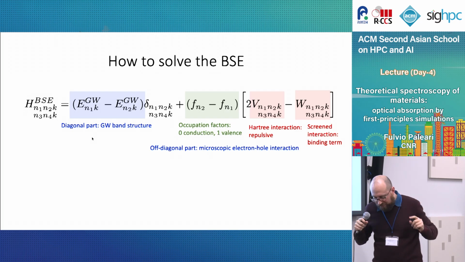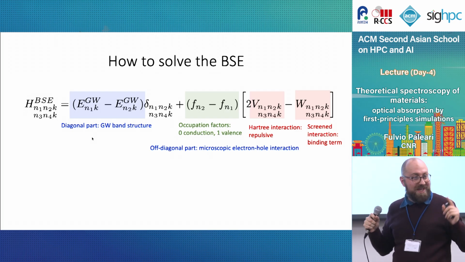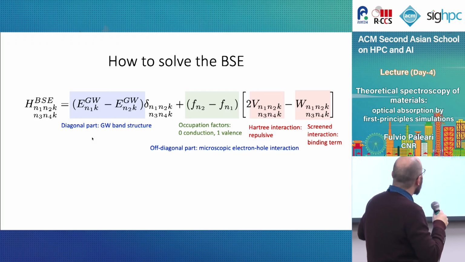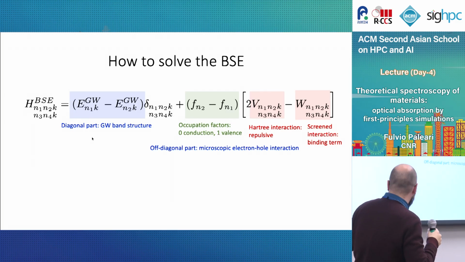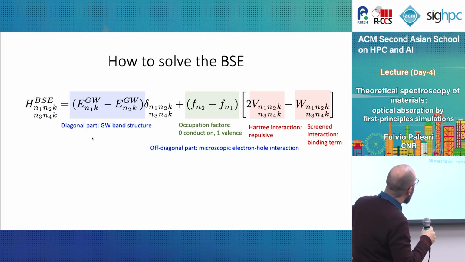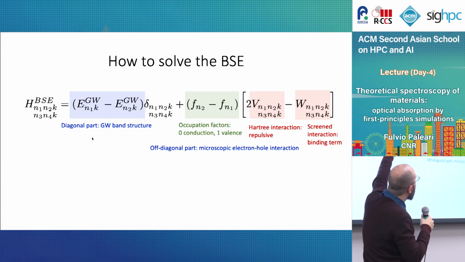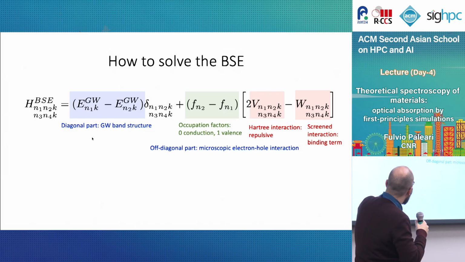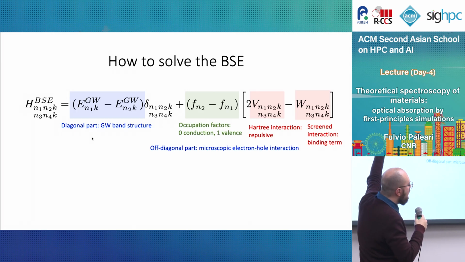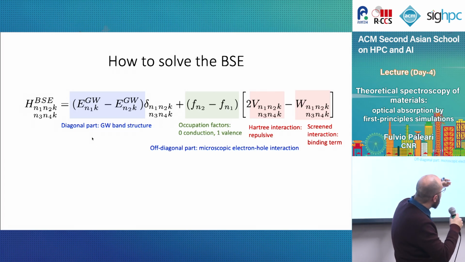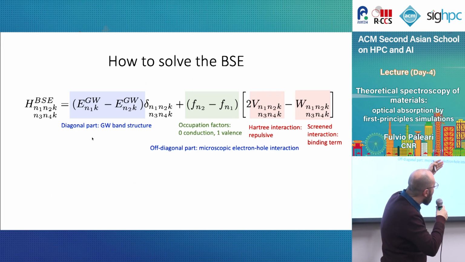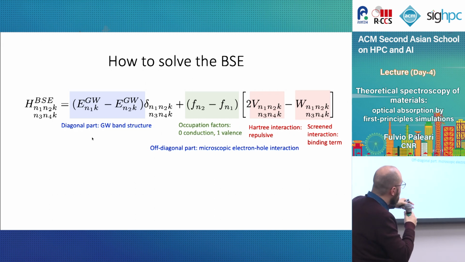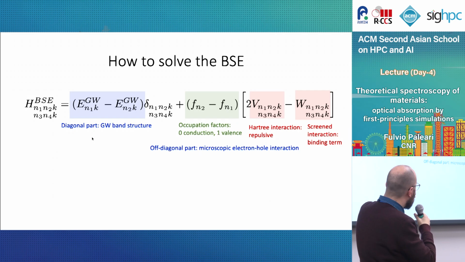Now, we go back to the problem of before. We need to diagonalize this. Pretty easy task, no? So this is the form of the excitonic Hamiltonian. We have a diagonal part that is just the difference in energies, the electron-hole transitions, here at the GW level, right? And then we have a diagonal, but also off-diagonal, kernel, which is given by the electron-electron interaction at the level that we are describing it.